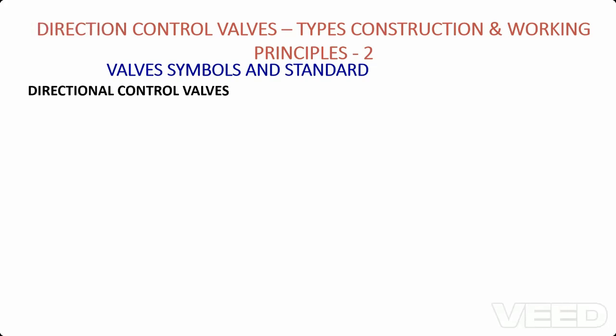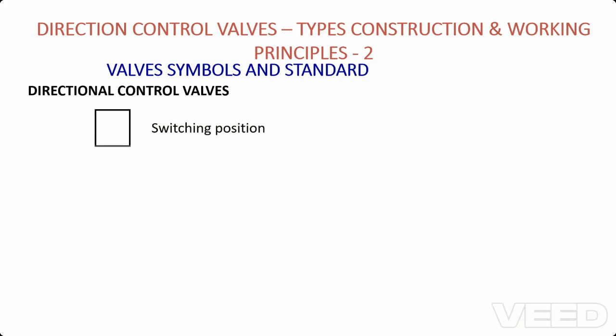So in any component, the first number indicates the number of connections or number of ports, and the second number indicates the number of positions. Now let us see what is a port and what is a position.